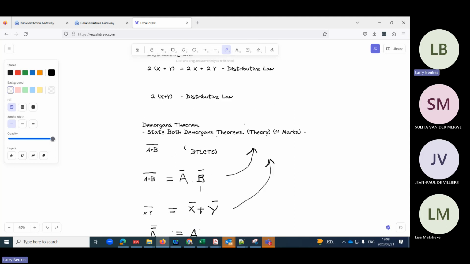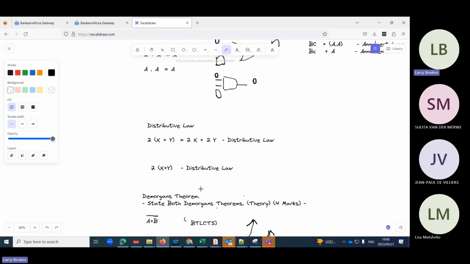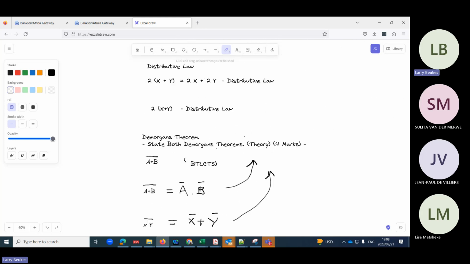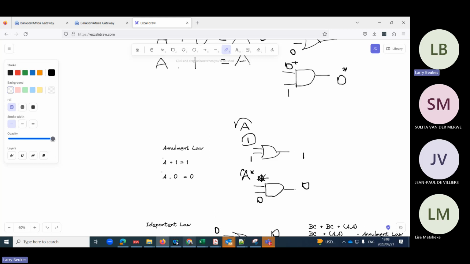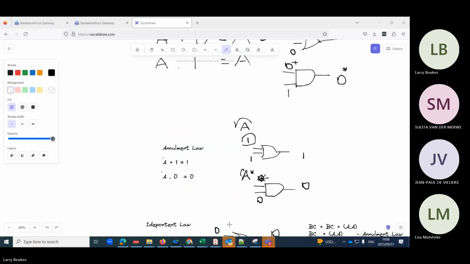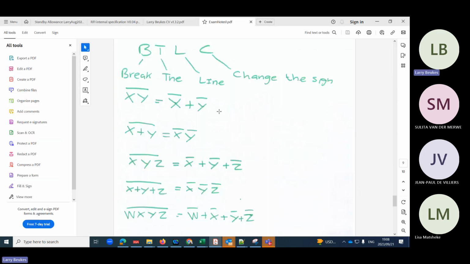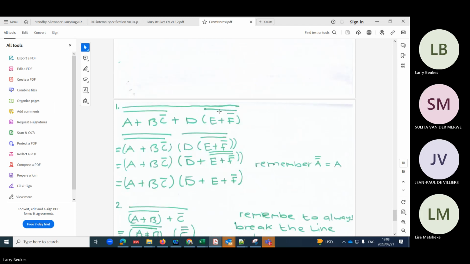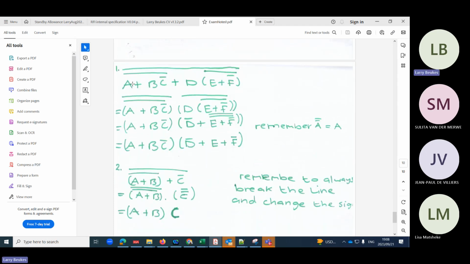Okay, so let's see the applications of these things. The applications, let's go back to exam note 1. Great stuff. So we're going to do this one.